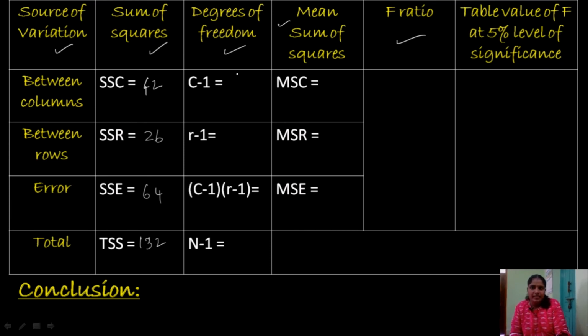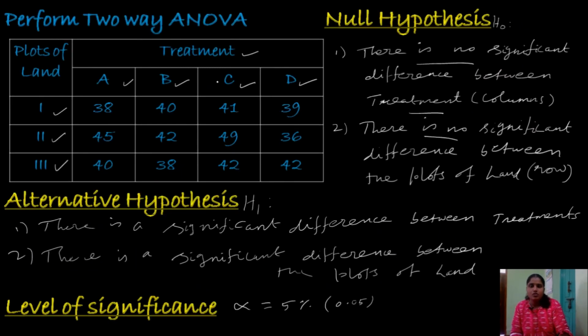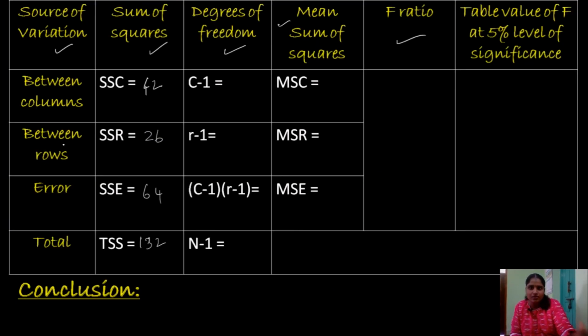Now C minus 1, degrees of freedom for between columns, is obtained by subtracting 1 from the number of columns. Number of columns given in our problem is totally 1, 2, 3, 4 columns, and 3 rows. So our C value is 4 and R value is 3.